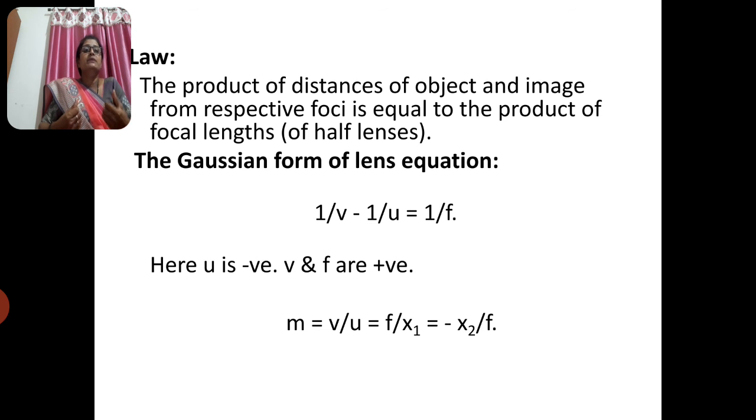Therefore, when the medium is the same on both sides of the lens, Newton's formula becomes x1 x2 is equal to f square. In the Gaussian formula, the object and image distances are measured from the lens center, while in Newton's formula they are measured from the focal points.